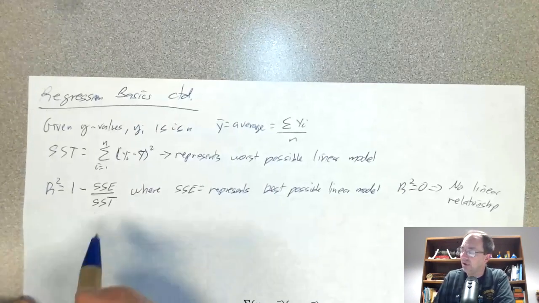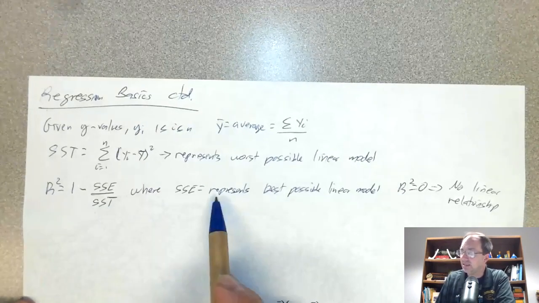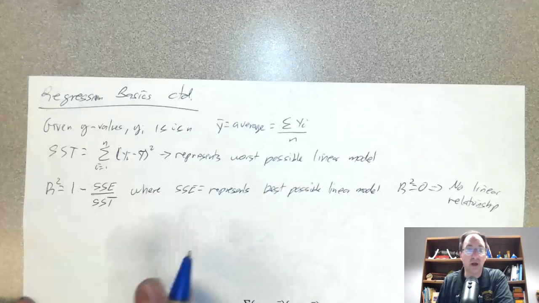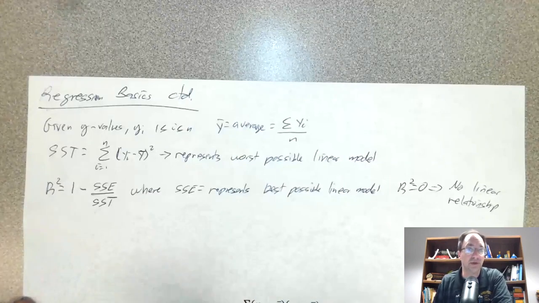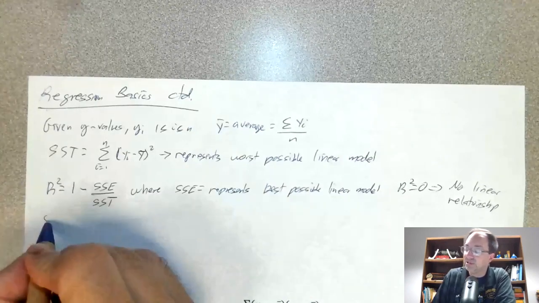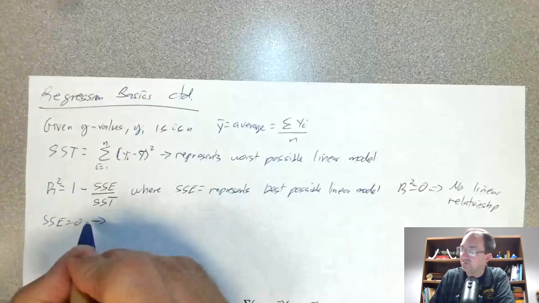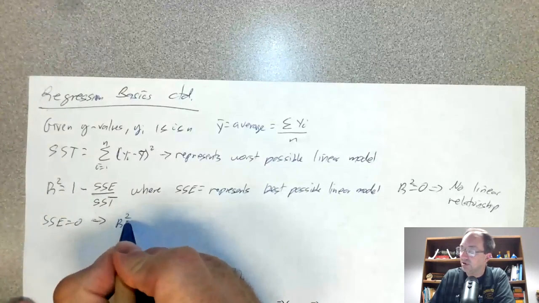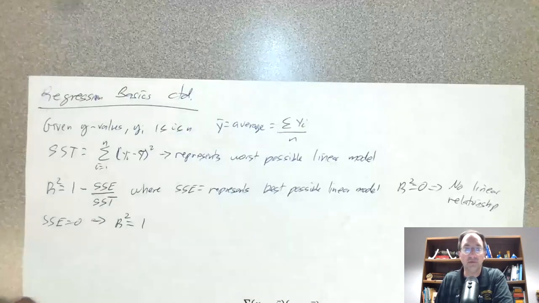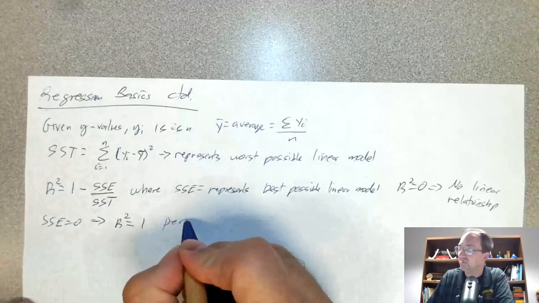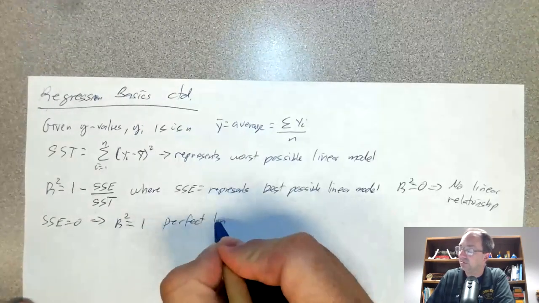On the other hand, the best case scenario would be if our linear model was a perfect relationship and there was no error. So notice if SSE equals 0, this corresponds to an R squared of 1 minus 0, which is 1. So this would be a perfect linear model.